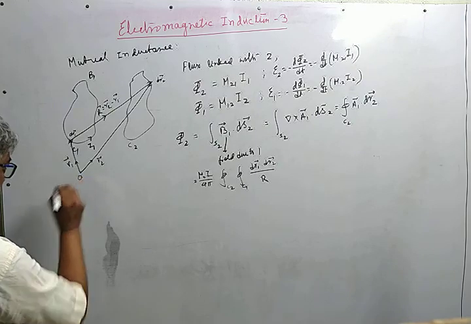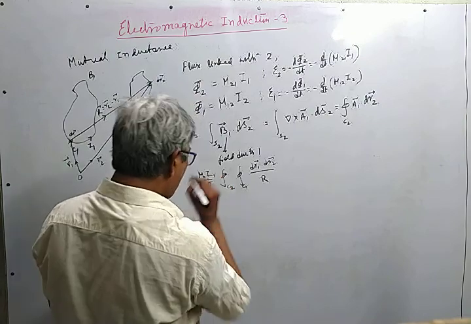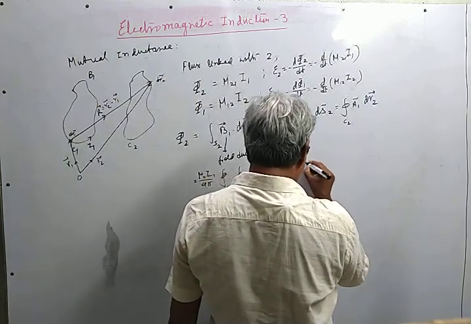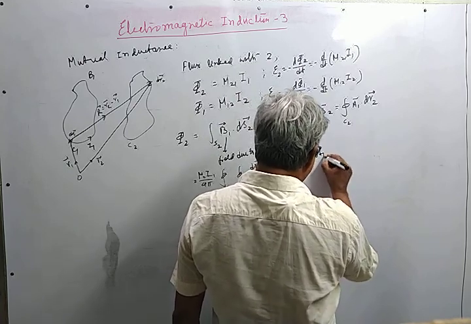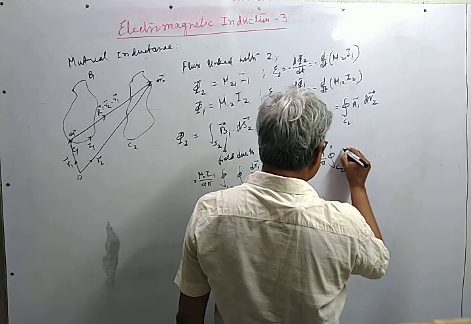This is the origin. This is I1. Here we have used the expression of A1 as mu 0 I1 upon 4 pi integration over C1.